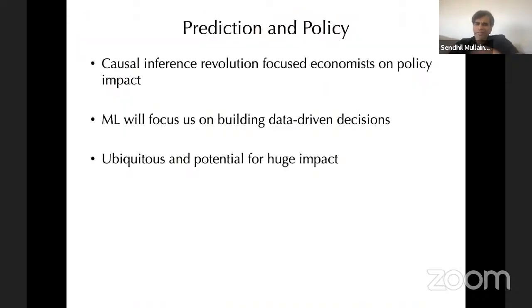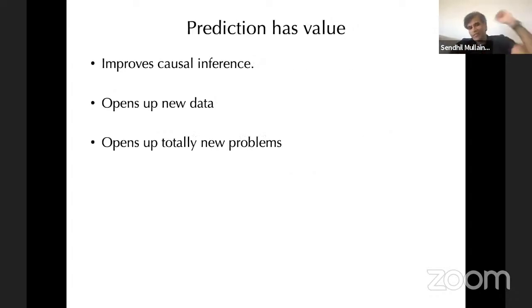Okay, let me end that bit by saying, I think the causal inference revolution focused economists on policy impact, which is great. I think what's happening now is we're starting to see many more data-driven decisions, and machine learning can change that huge, unexplored part of the space of predictive decisions.